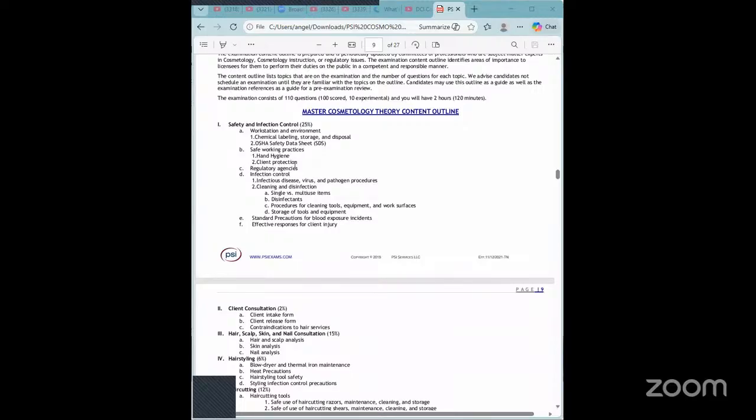And then regulatory agencies, we've talked about OSHA, EPA, and then we're going to talk about the state board. So we're knocking these out. Those areas are where your state board questions are going to come from eventually, and then we also talked about disinfectants. So we've covered a good amount today, and we're going to continue to cover more.